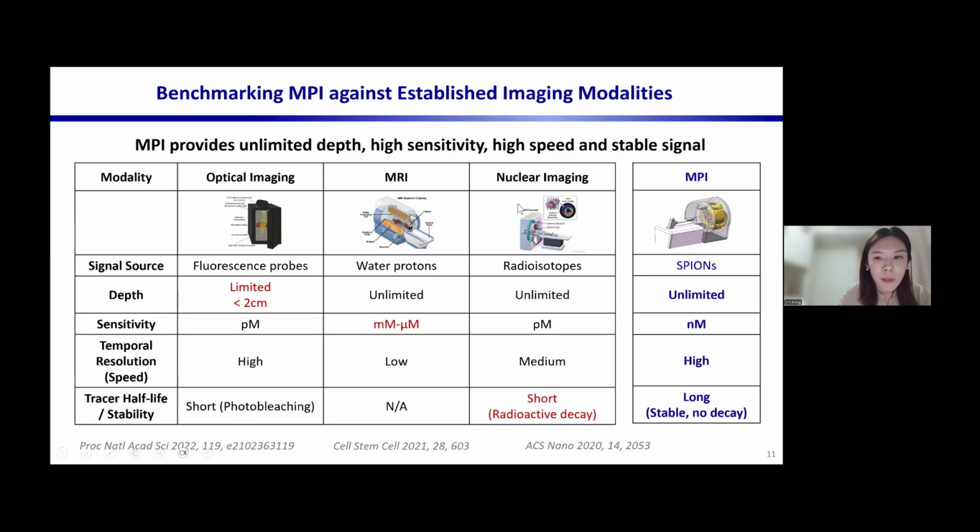Then we have nuclear imaging, PET or SPECT, which has excellent sensitivity and no penetration depth limit. But PET comes with ionizing radiation and comparatively lower spatial resolution. Also, the signal decays over time due to the half-life of the isotopes, which is a significant drawback for long-term or longitudinal imaging studies.